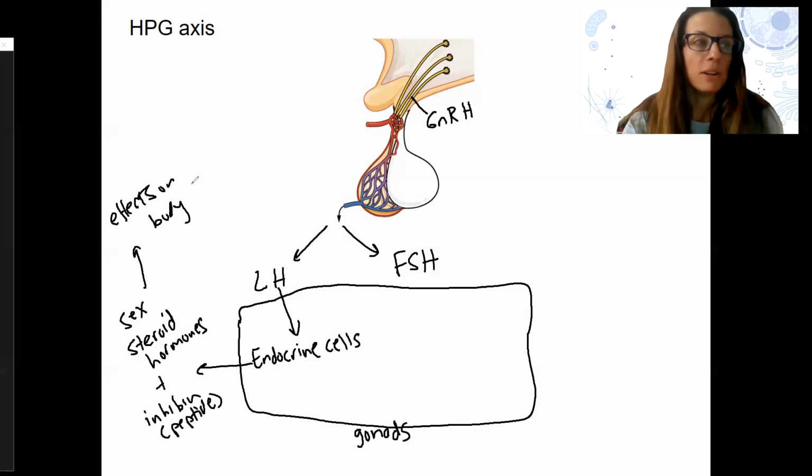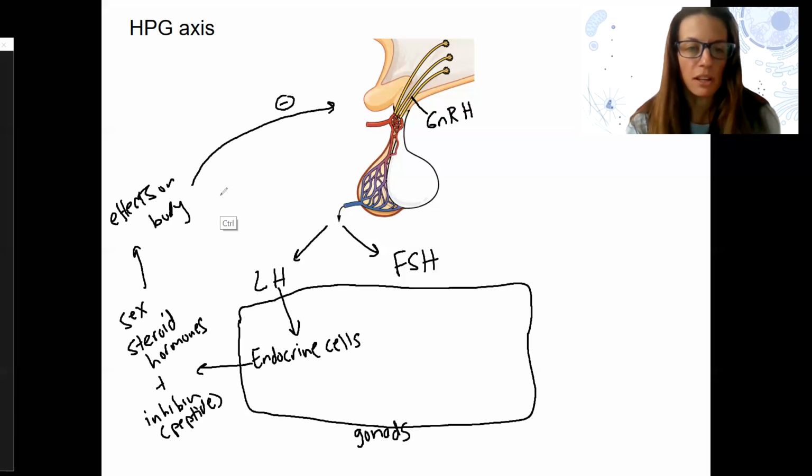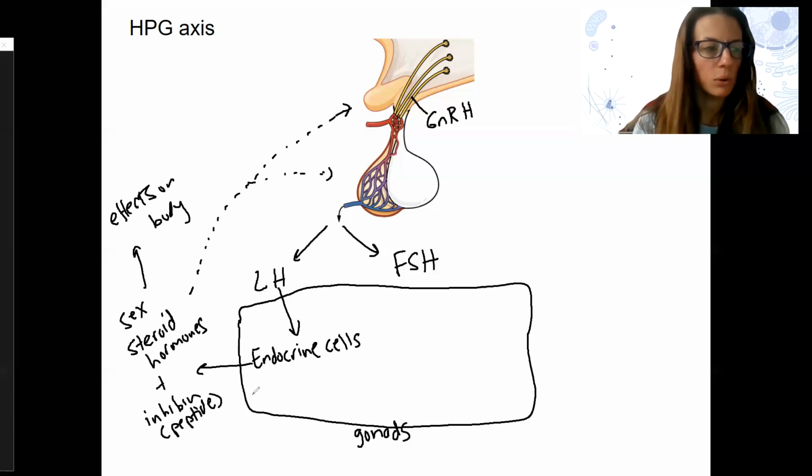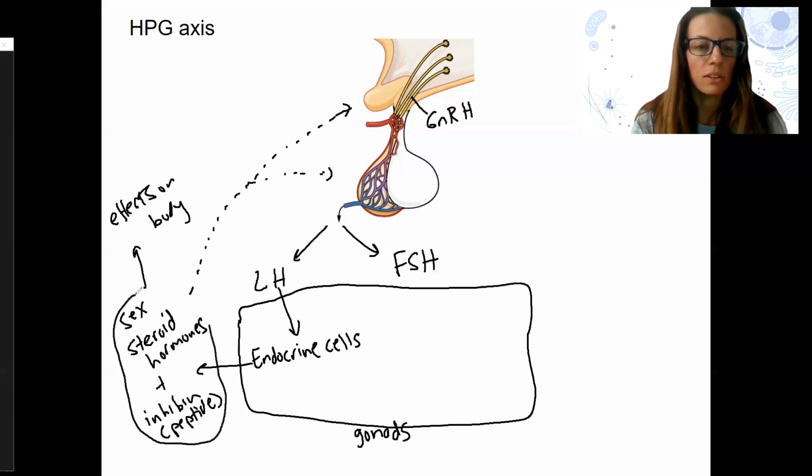So development and maintenance of breasts, facial hair in males, etc. They're also going to feed back to turn off this system here. Oops, that arrow should actually come from here. Let's do a dashed line, turning this stuff off. They're also going to, let's just circle these.